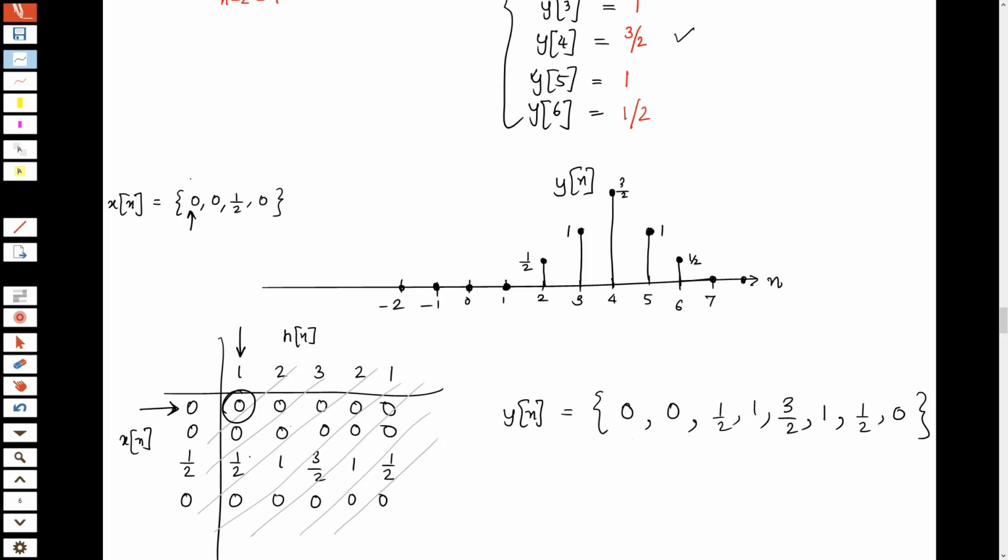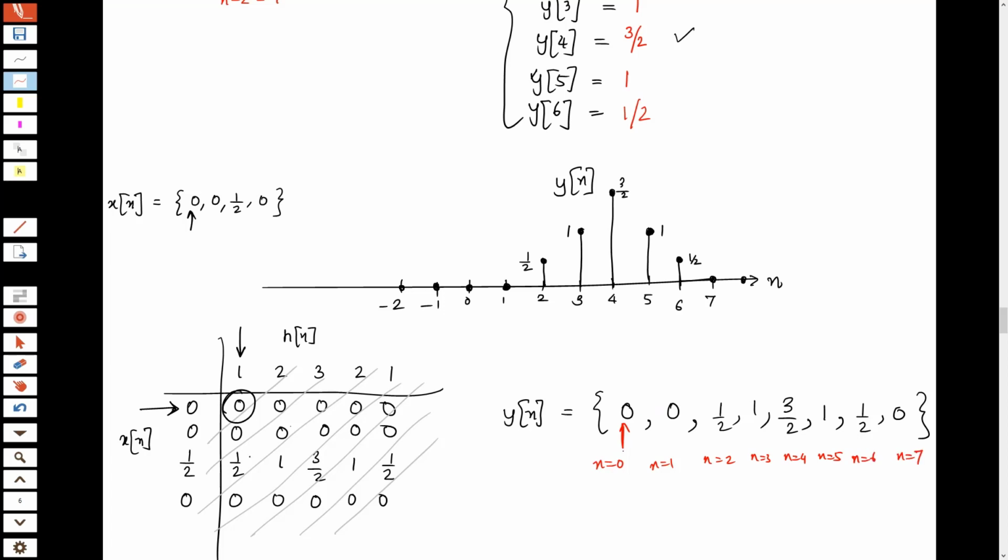Remember what each of these sequences means. Origin being here means this is n equal to 0, this is n equal to 1, n equal to 2, n equal to 3, n equal to 4, n equal to 5, n equal to 6, n equal to 7.